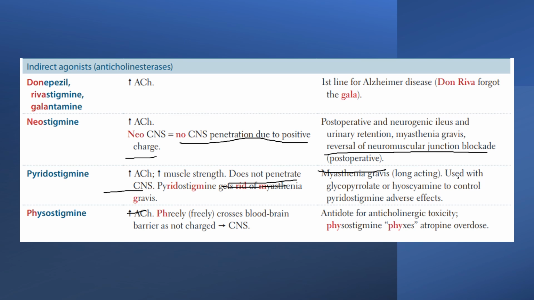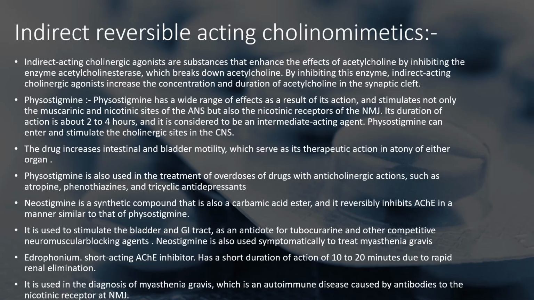Then we use neostigmine for symptomatic treatment of myasthenia gravis, and pyridostigmine for the long term treatment. This slide shows the summary of all the points I discussed; you can read it and understand it.